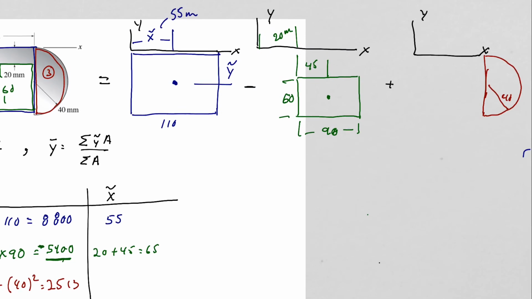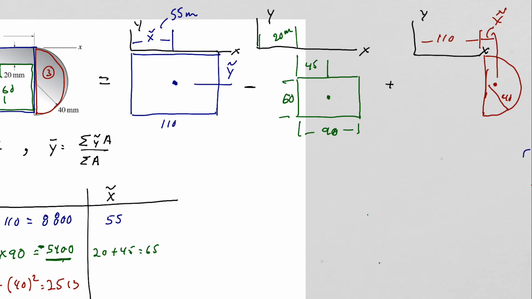Last, we have to look at our centroid for the round object, the semicircle. And that will be this overall distance plus this additional amount here, right? This is our x tilde for that shape, but then we need this additional amount beyond 110. Where do we get that number?